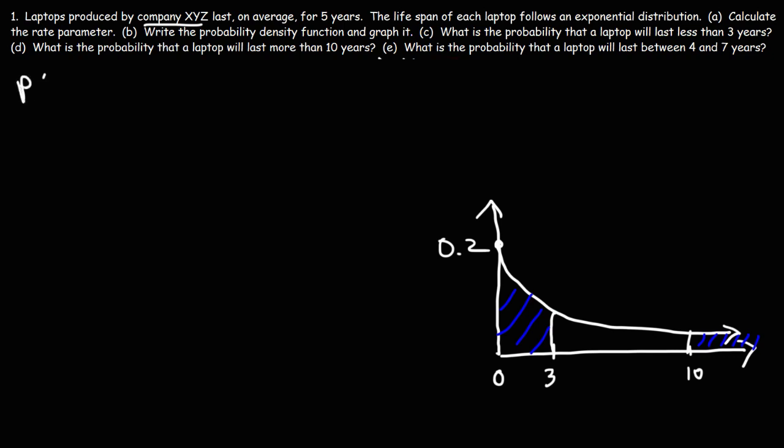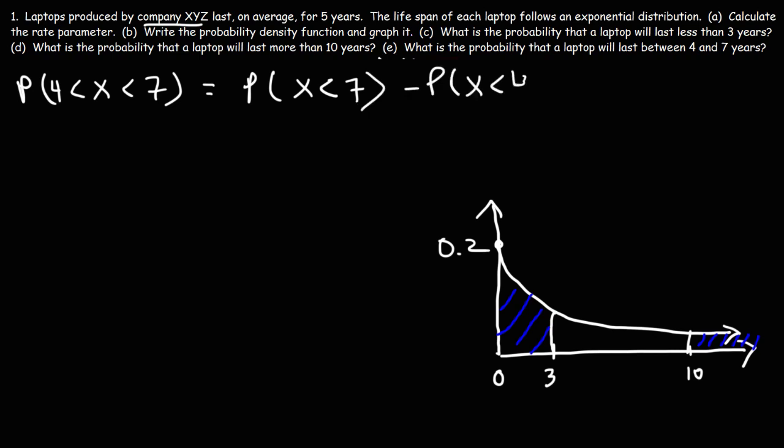So first, let's write out what we know. We need to calculate the probability that x is between 4 and 7. And this really is just the difference between the probability that x is less than 7 and the probability that x is less than 4.